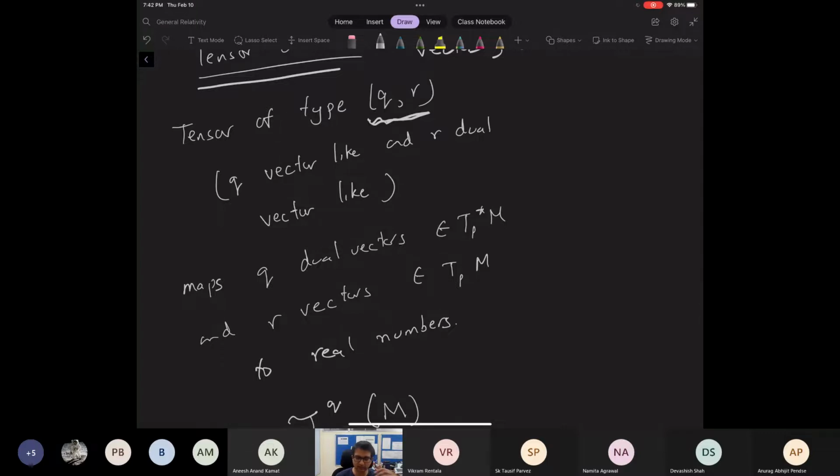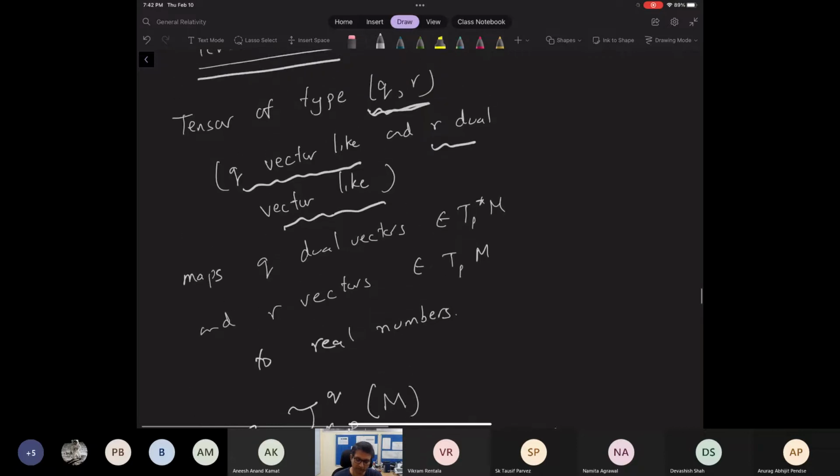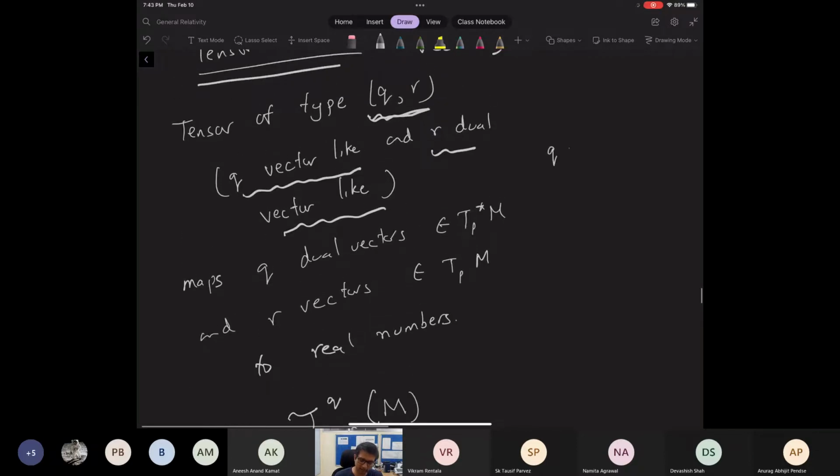One other way of saying type (Q, R) is Q vector-like and R dual-vector-like indices. We'll see what that means. The idea is, if you have Q vectors and R dual vectors, these Q vectors would take Q dual vectors as inputs, and the R dual vectors would take R vectors as inputs.